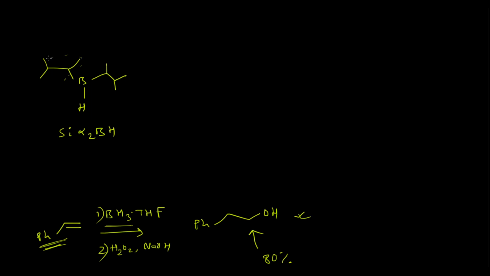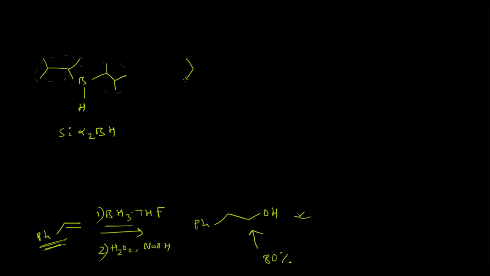This group is essentially the isoamyl group, and since there are two isoamyl groups, it is called dicyamyl, diisoamyl boron. So this is an example of a bulky boron reagent.